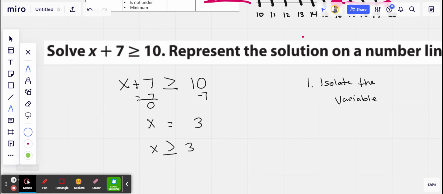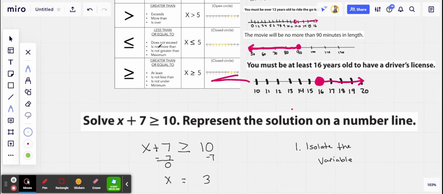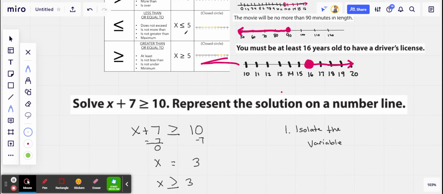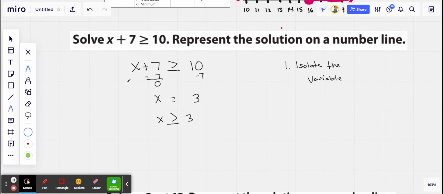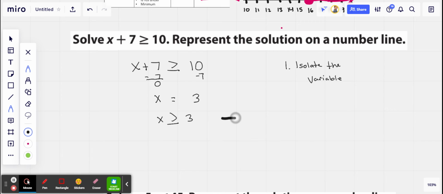So to show that on a number line, what would we do? Well, let's refer back up to our graph here. It is greater than or equal to, so we're going to look at this one right here. We're going to be shading in a closed circle, right? And it's going to move to the right. So let's just draw our number line real quick, a little bit bigger. We'll say this is 0, this is 1, 2, 3.